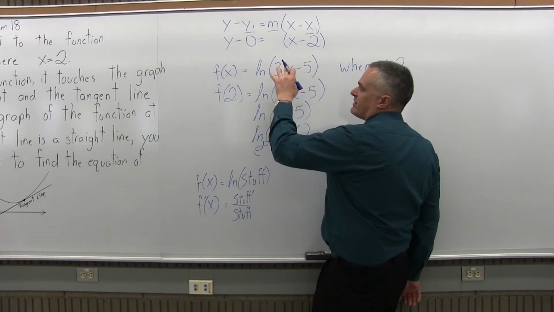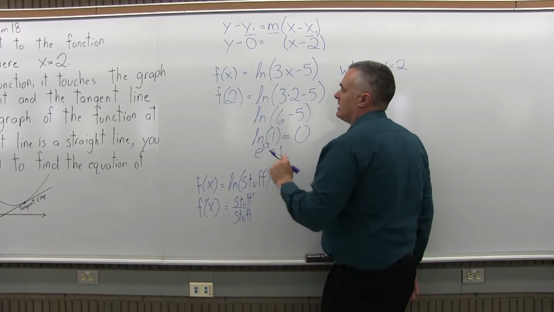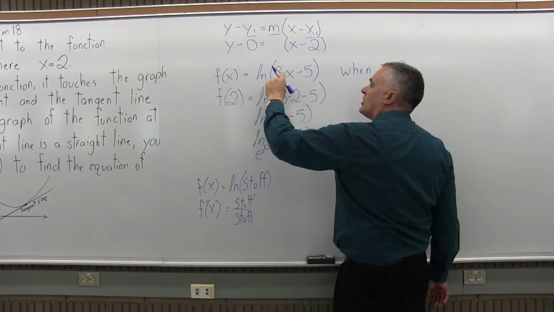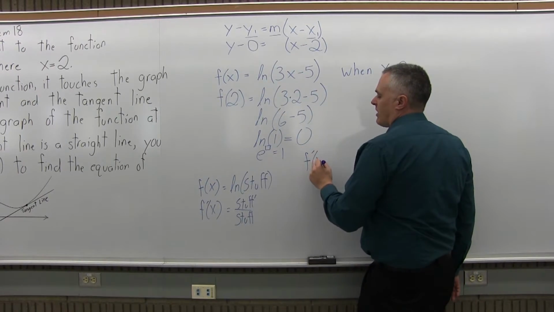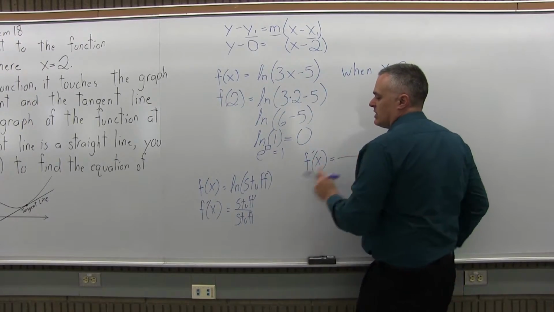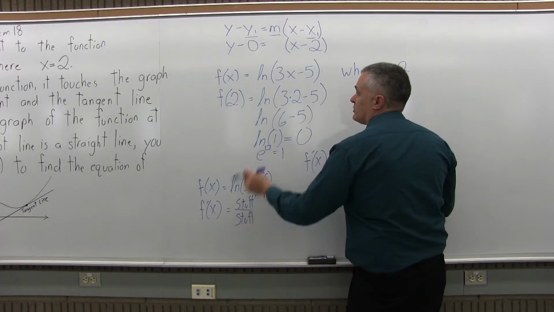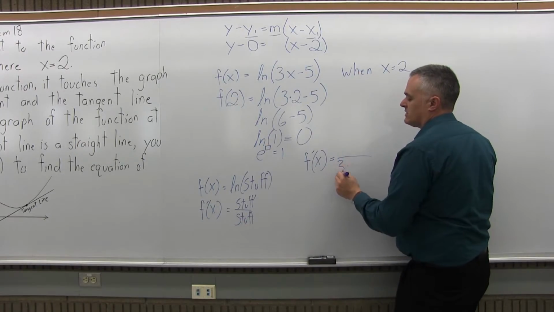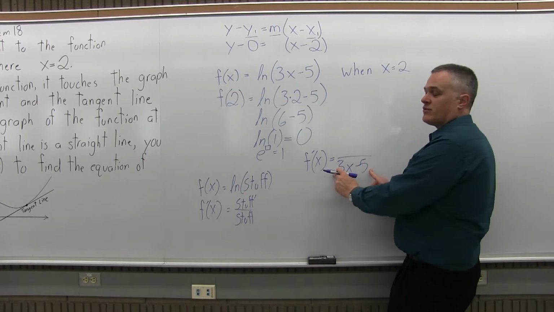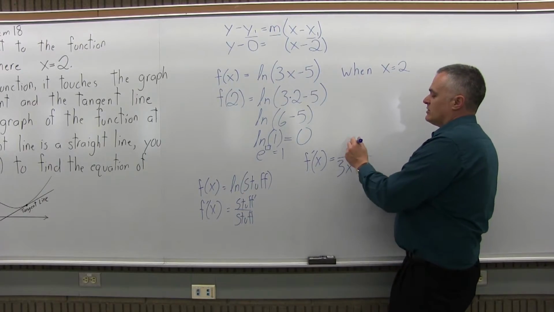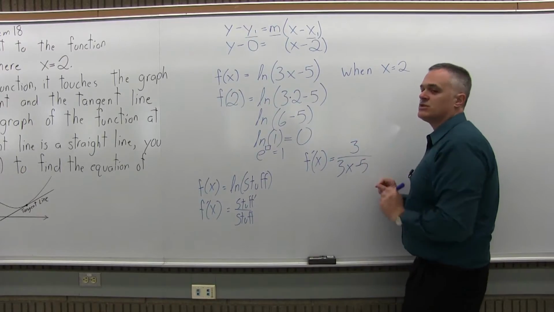And that's exactly the type of function we have here. So for natural log of 3x minus 5, the derivative f prime of x has the stuff as is, 3x minus 5, in the denominator. Stuff prime, the derivative of 3x minus 5, goes in the numerator, which is just 3.